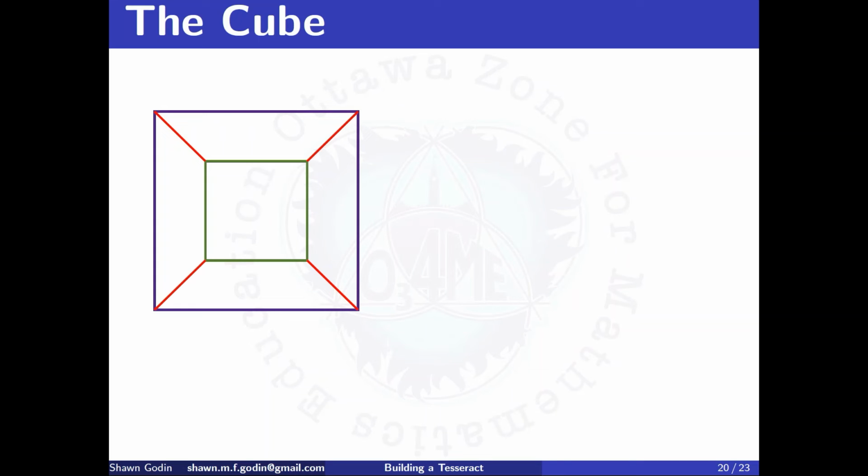And again, we're going to use analogy for 3 dimensions, and we're going to develop a different picture of a cube. So we've got here another picture of a cube that should be known to most of you. In this case, we can interpret this picture 2 ways.